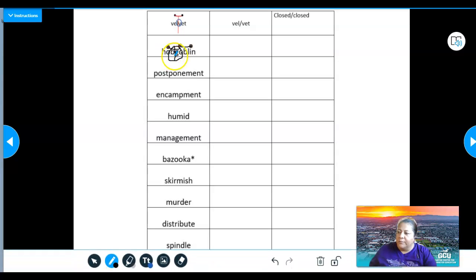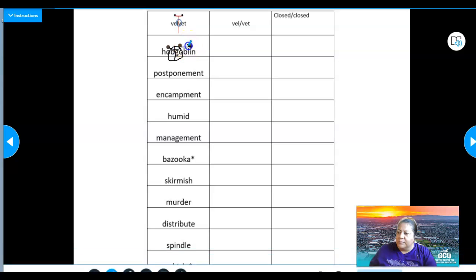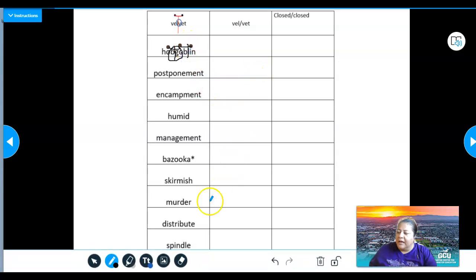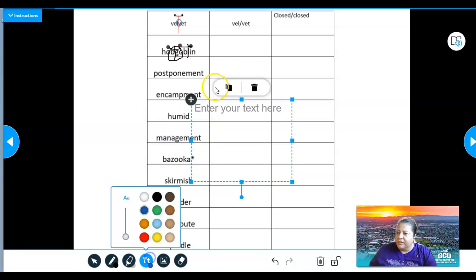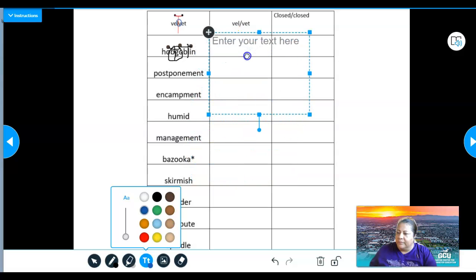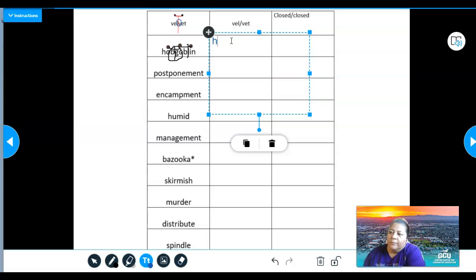So this here would be a split right there. And then these two here, I would split it right here. And I'm going to rewrite the word for you so you can see it clearly. So this word here would be split like that, and split again.